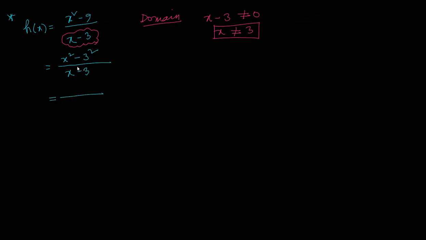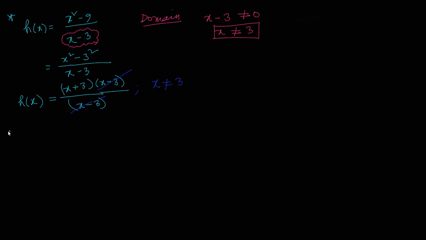So my numerator I can write as x plus 3 multiplied by x minus 3, over x minus 3. Okay, so this is my h of x. Now as you can see, I have a common term, x minus 3, in the numerator and denominator, which cancels out. Now you need to remember that x cannot be equal to 3, so this is the domain.